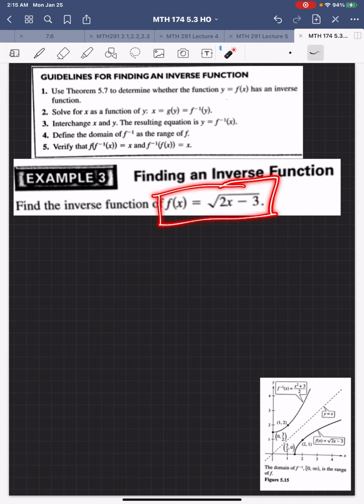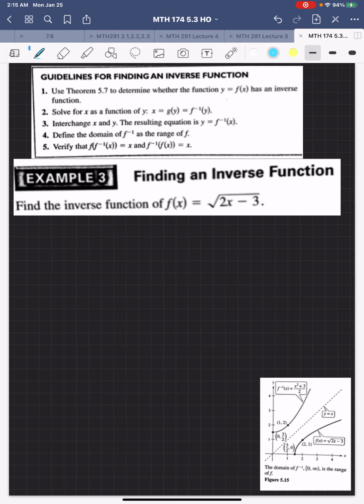What you don't have is f inverse. So I'm going to try to capture these guidelines above. I'm going to try to use some, in other words, less formal language. But I will keep with the steps just to make things easy.